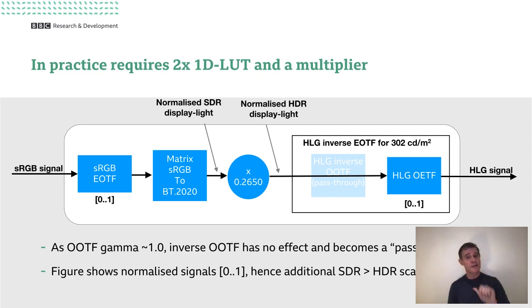You then have to apply a scale factor to go from the normalized SDR display light signal range to the normalized HDR display light range, and then you feed those signals into the HLG inverse EOTF, which actually just turns out, because of this simplification, to be the HLG OETF. Very simple indeed. As a hardware engineer, I think of that as being two 1D LUTs and a multiplier, but obviously the way it's implemented will depend on the application.